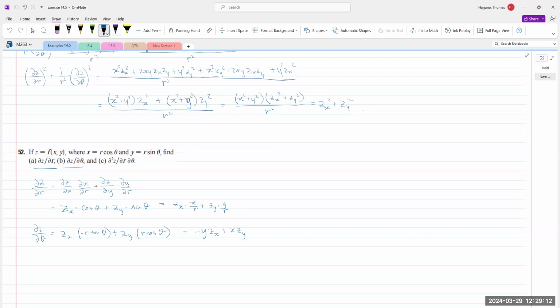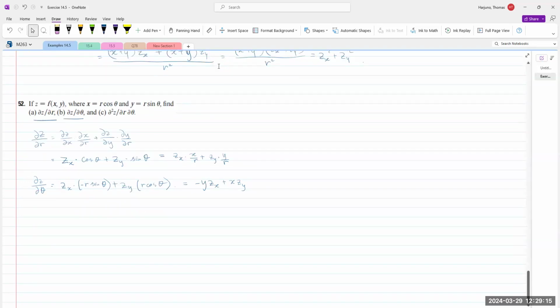Okay, now then. Yeah, the thing is I simplified this way already, which may not be necessary. Let me just leave it like that. So, what is dou squared z over dou r dou theta?